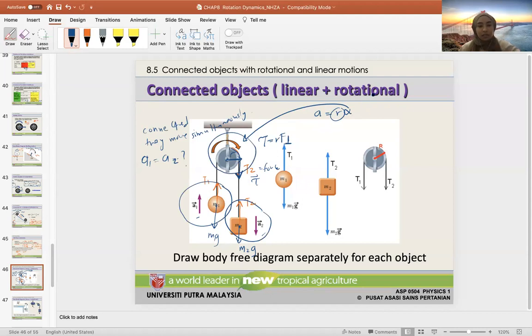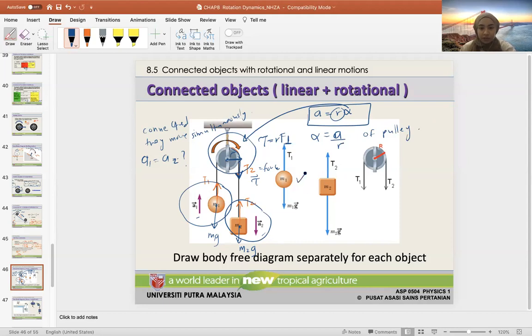So how is it all connected together? It is connected together by this equation. They all have the same acceleration, except that the pulley is rotational. So you use A divided by the radius, and you will get the angular acceleration of the pulley.